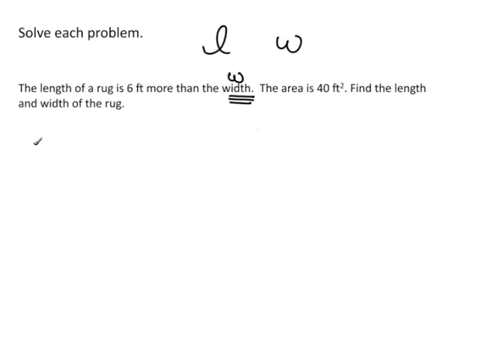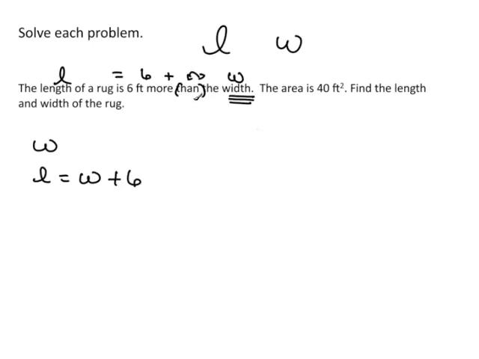So we have W, and then we know that the length, L, of the rug is 6 feet more than the width. But when we have the word than, we kind of have to switch the order. So it's 6 more than the width, which we write as W plus 6.